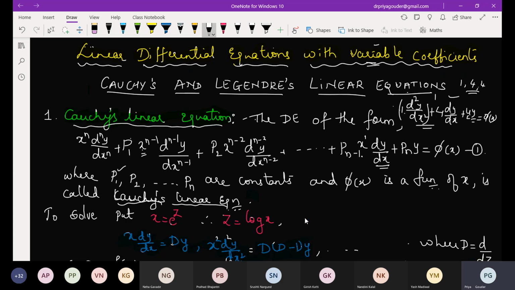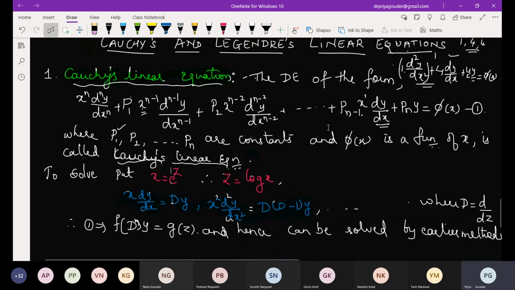Already we know how to solve a linear differential equation with constant coefficients, isn't it? So already that theory is known. We'll think of a method where we can convert this variable coefficient into constant coefficient. If it is possible, then we can apply the earlier method. Yes, it is possible.